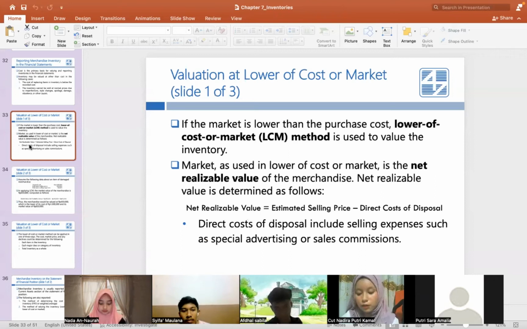Next, valuation at lower of cost or market. If the market is lower than the purchase cost, the lower of cost or market, or LCM method, is used to value the inventory. And market as used in lower of cost or market is the net realizable value of the merchandise.